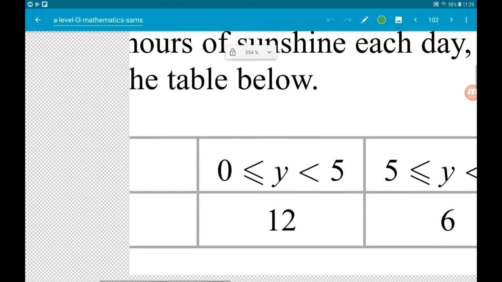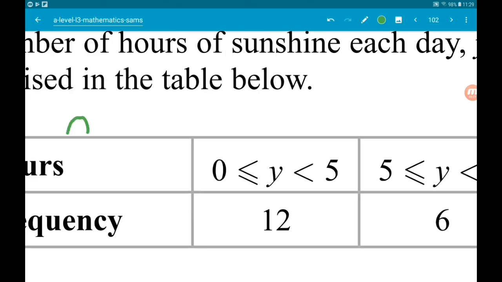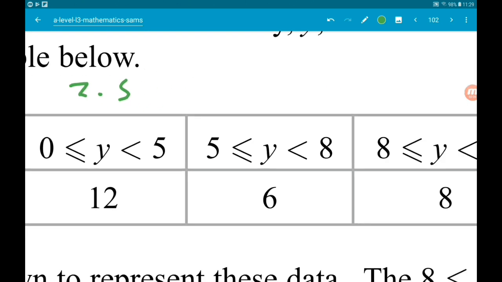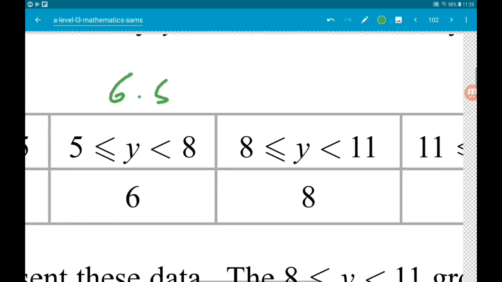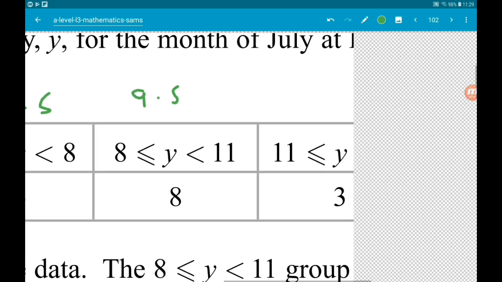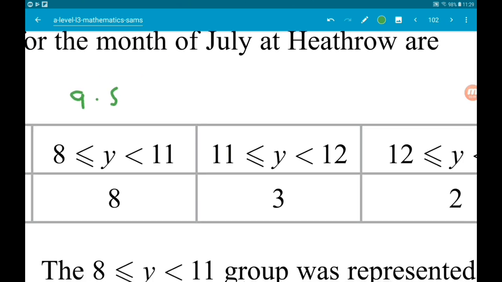So 0 to 5 is 2.5. 5 to 8 is 6.5. 8 to 11 is 9.5. 11 to 12 is 11.5.